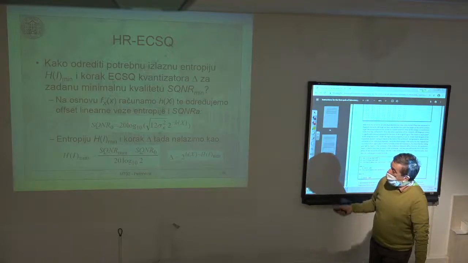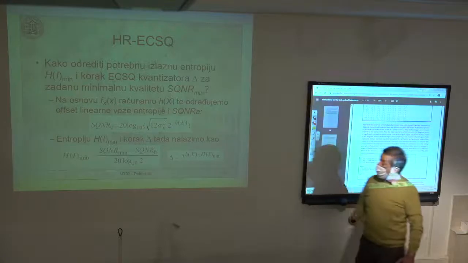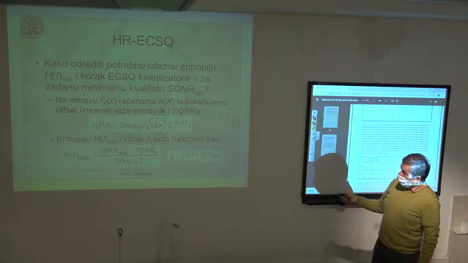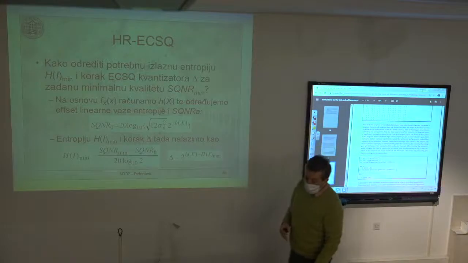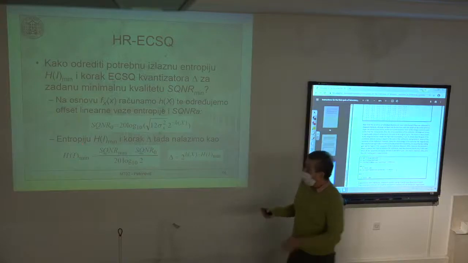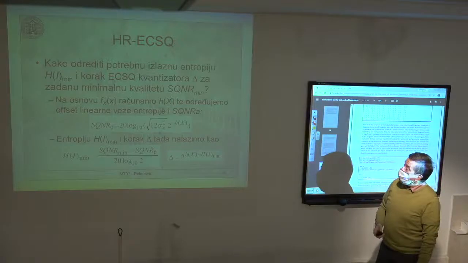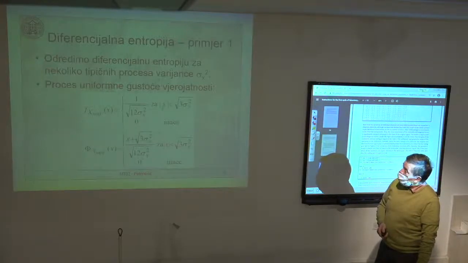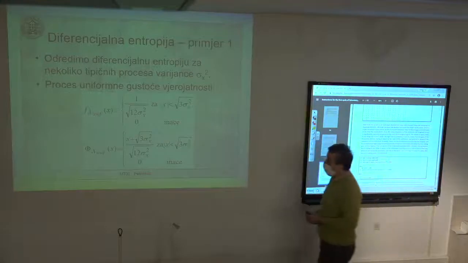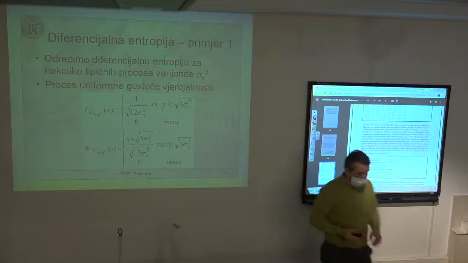And these three values then completely define the quantizer, and this quantizer would really have the desired signal to quantization noise ratio, so the desired quality. And we have found out what is the necessary channel capacity to convey this information to the receiving side with this quality.